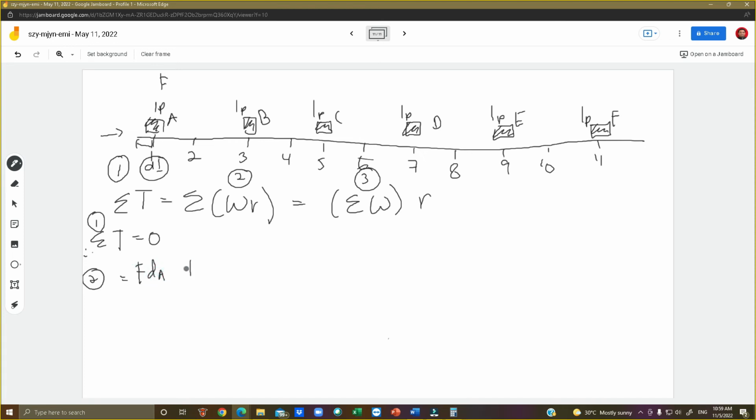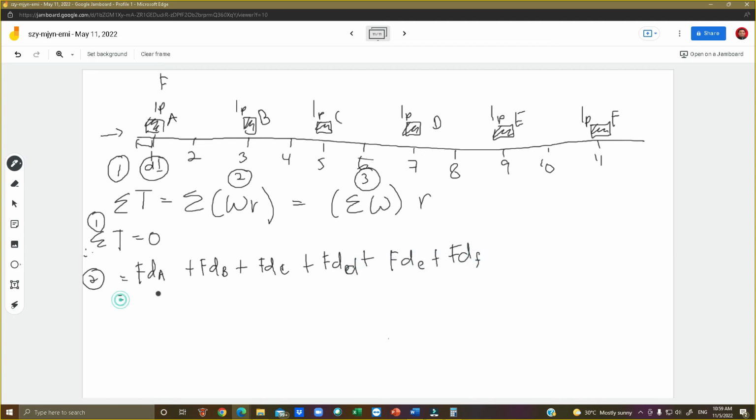FDA plus FDB plus FDC plus FDD, FDE, and finally FDF.